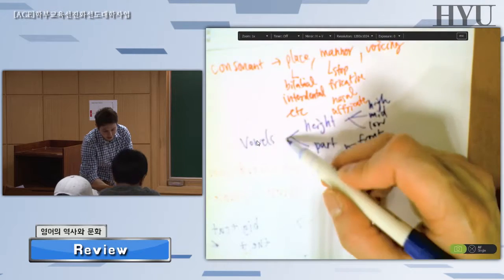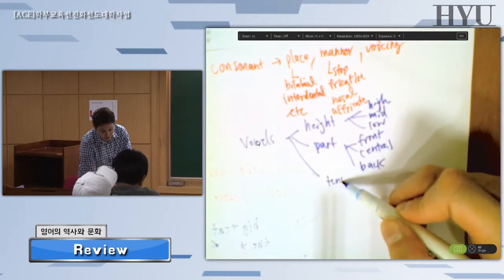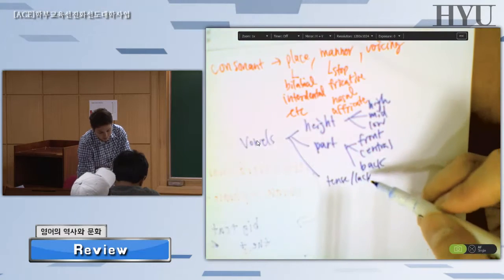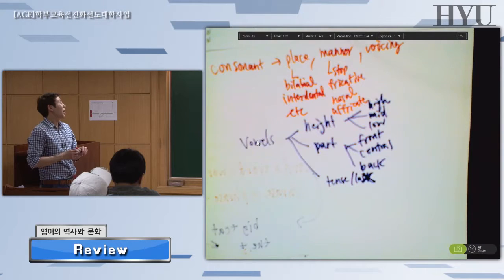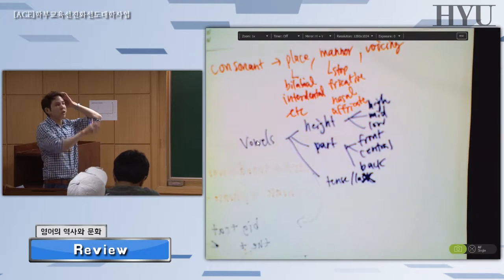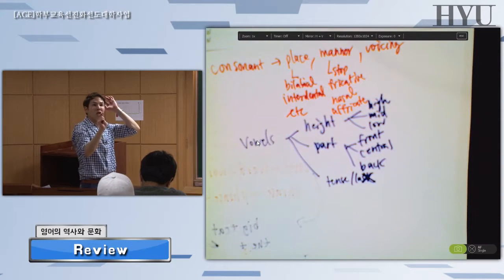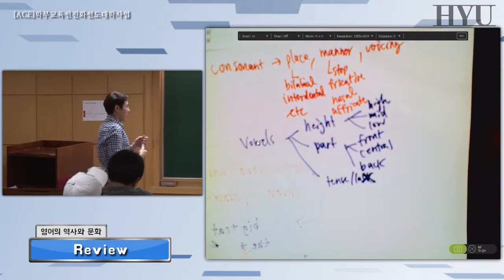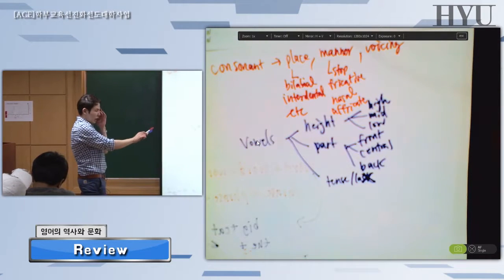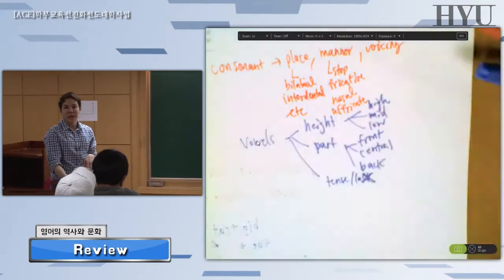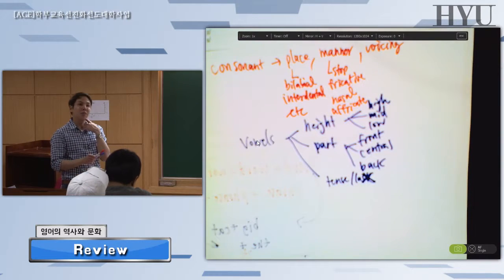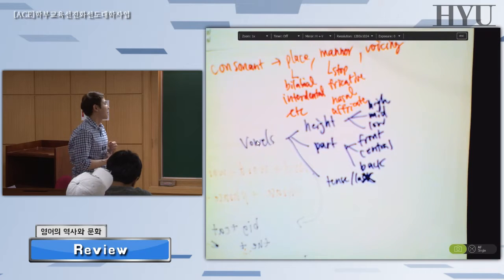And then tense or lax. Tense or lax. So you should be able to label, okay, the height, the part, and then the tenseness or laxness of the tongue. So if you are able to do all this, then for the first part, you should be able to do it. Okay.